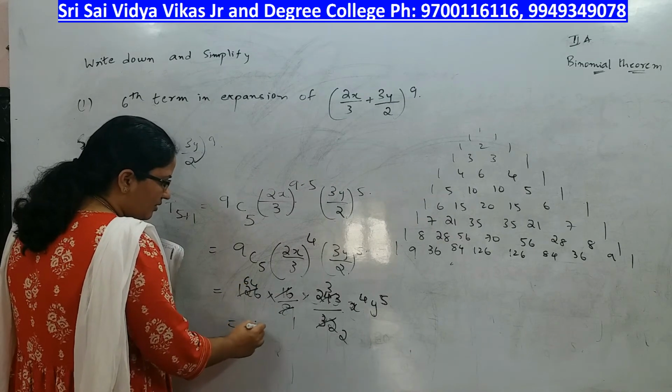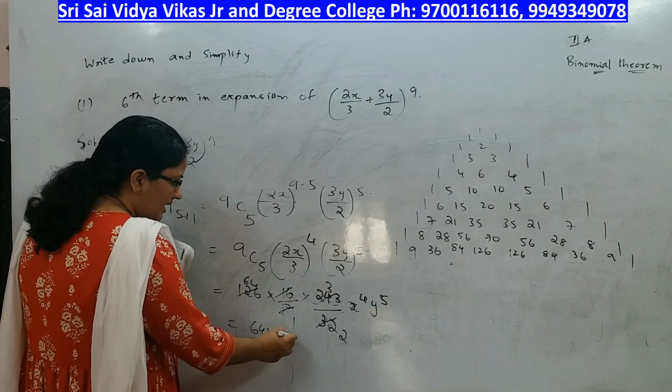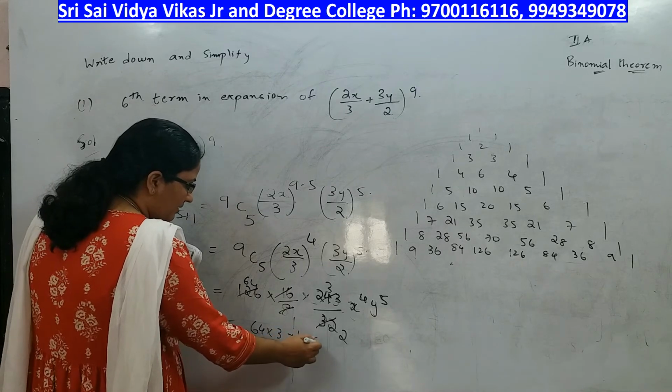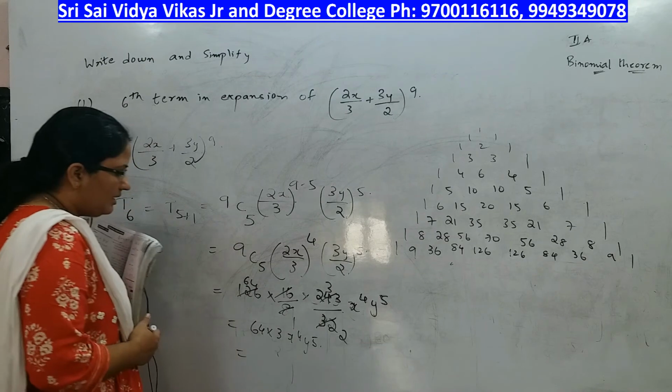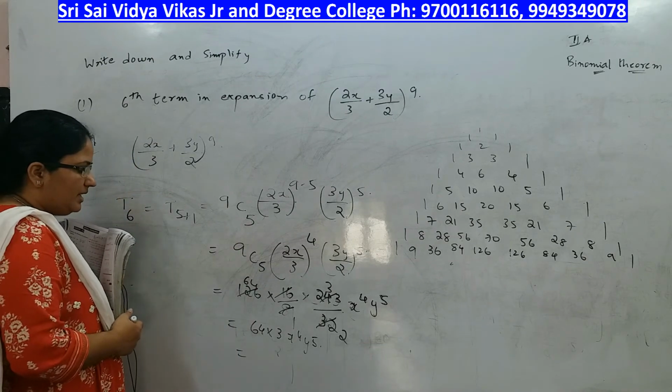So 64 into 3 x power 4 y power 5. 64 into 3 will be how much? 192.